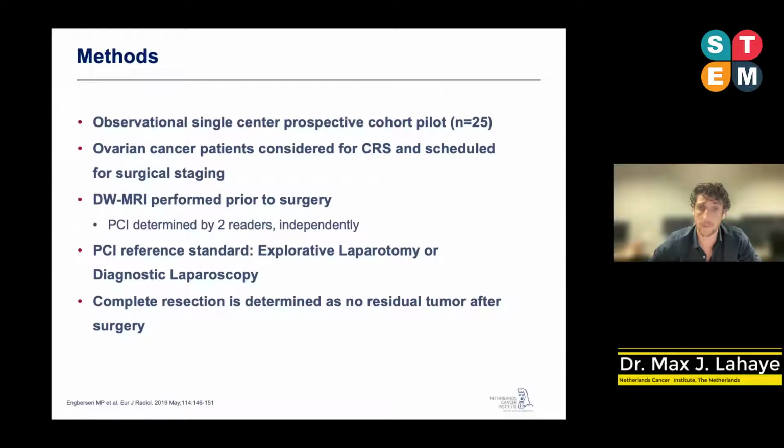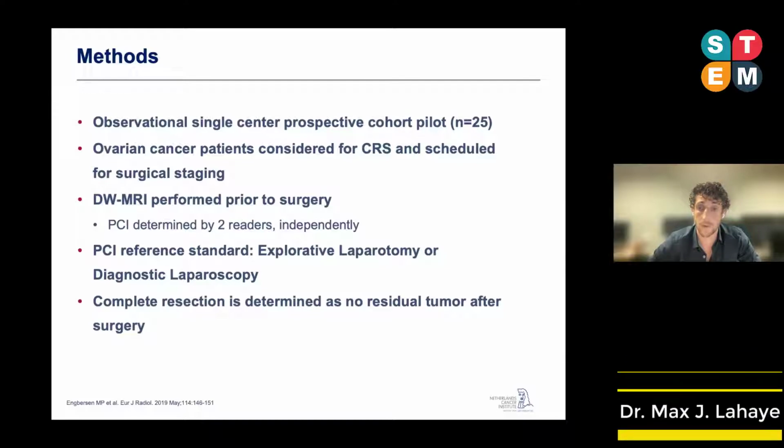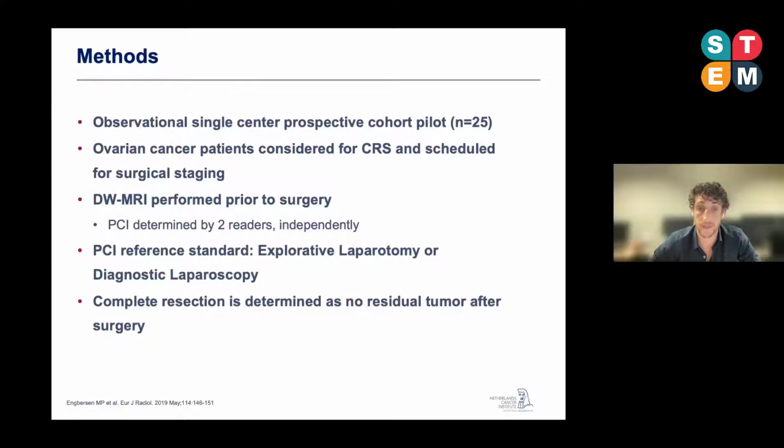They all got an MRI before surgery, and this MRI was read by 2 independent readers, and they scored the PCI and whether they thought that a complete cytoreductive surgery was feasible. And afterwards, the patient was operated. So the PCI could be measured by the surgeon, and also we could see whether a complete cytoreduction was feasible. So that was the reference standard.